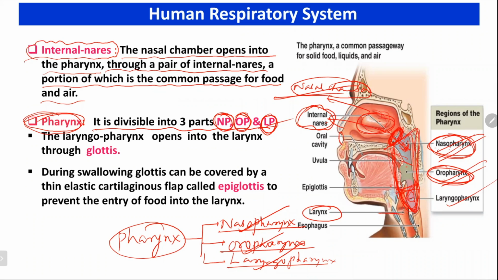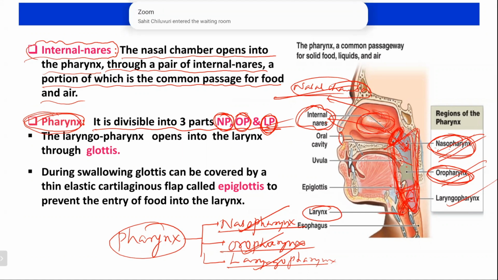The part of the pharynx which opens into this larynx is known as the laryngopharynx. Very simple.